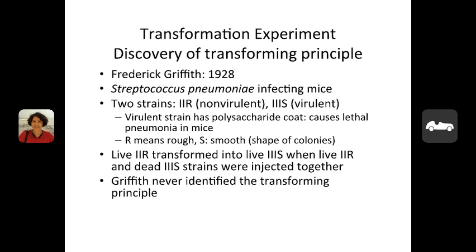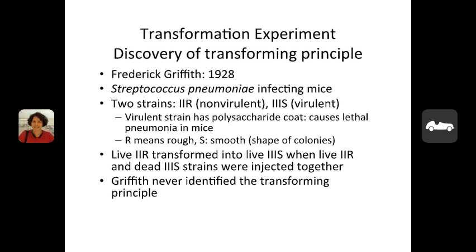And then it was known that the virulent strain had a polysaccharide coat, so like a carbohydrate sugar coat that covered the bacterial cells. And the letters R stands for rough and S for smooth, and that referred to the shape of the bacterial colonies in a petri dish.